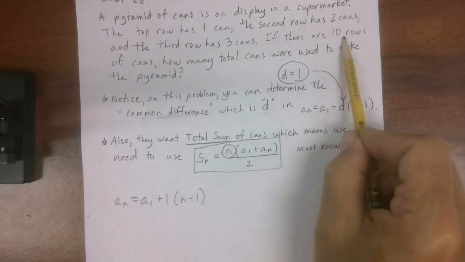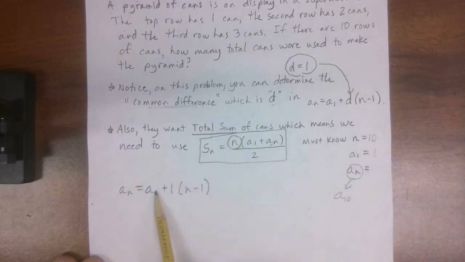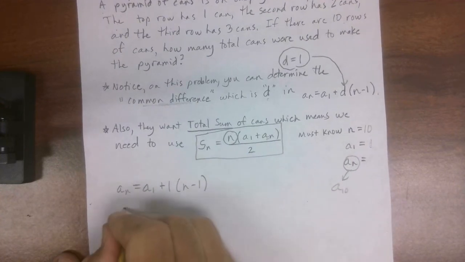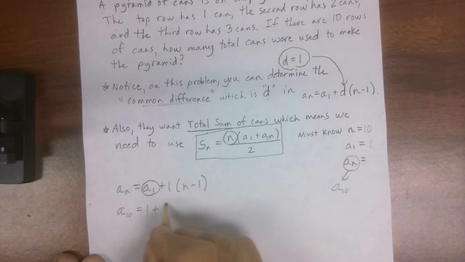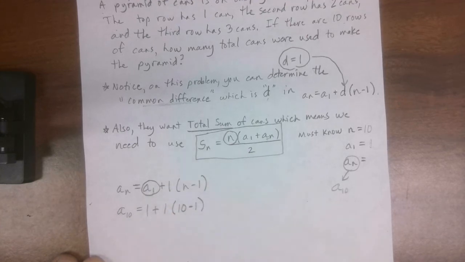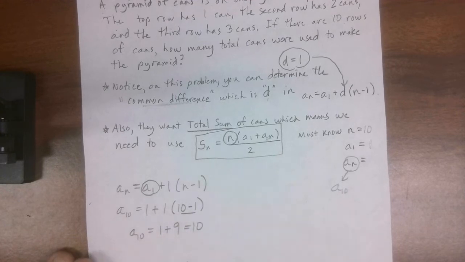We don't know that, but we need that to use the formula. So A10 equals 1, the cans in the first row, plus 9 times 1, which is 10 cans in the 10th row.